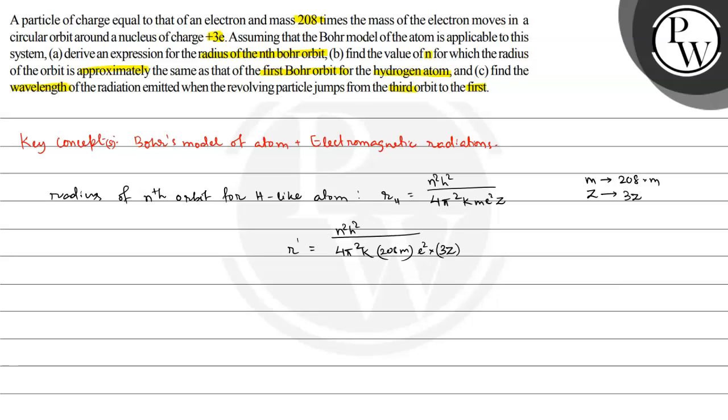Alright, so z will be just plus 3 because here z is equal to plus 3 electrons is given, so z will be plus 3.